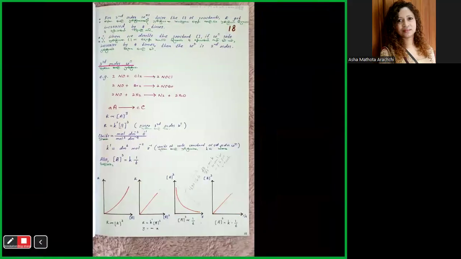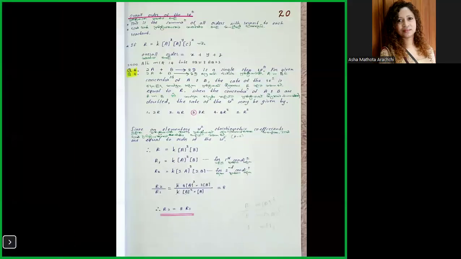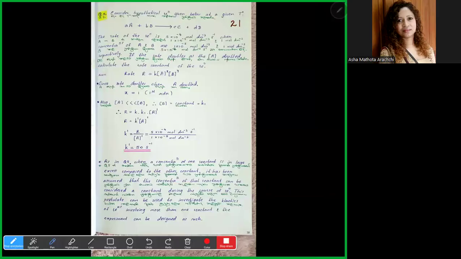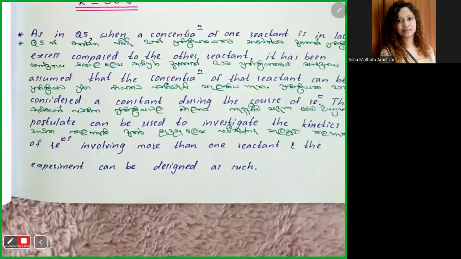Then the last little part we did was this experimental part. To go through the experimental, I did question number 5. When we have a couple of liquid reactants, make all these reactants constant, leaving one single reactant to vary. So we are using the same method here.